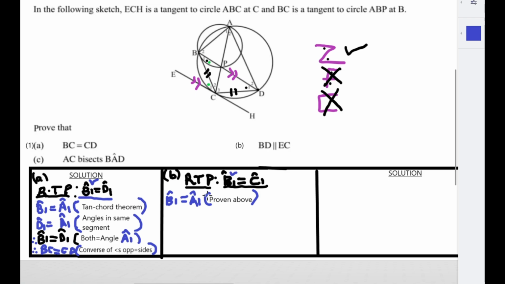Right, now let's go to angle C1. Ask yourself, what is angle C1 equal to? Can you see that angle C1 is equal to angle A1? All right, it's equal to angle A1 because of the tan chord theorem. Remember, this is our tangent. All right, and where is our chord? Our chord is BC, remember. So you have to touch the chord.